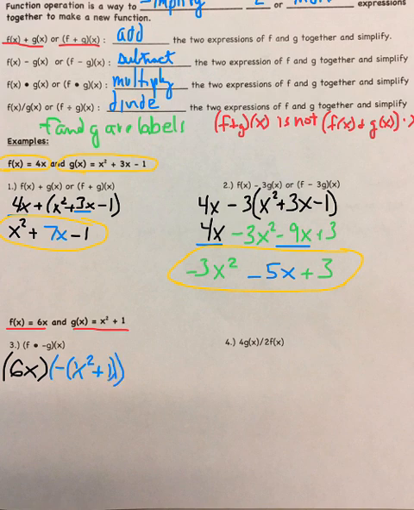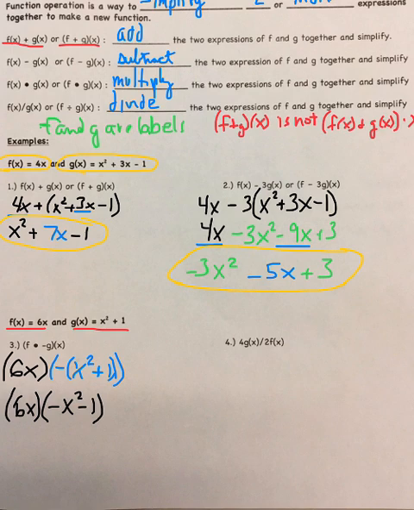I'm going to have to use 2 parentheses. So I'm going to distribute the negative sign through. So I still have 6x over here. And then in my parentheses I'm going to have minus x squared minus 1.